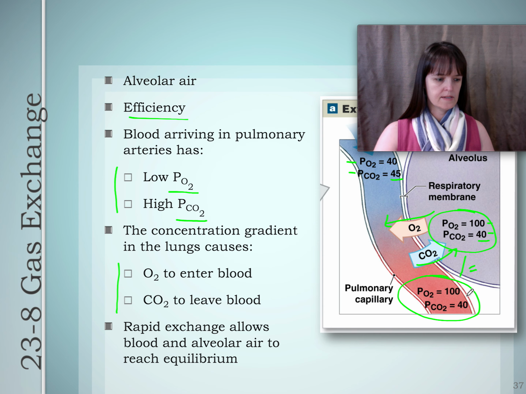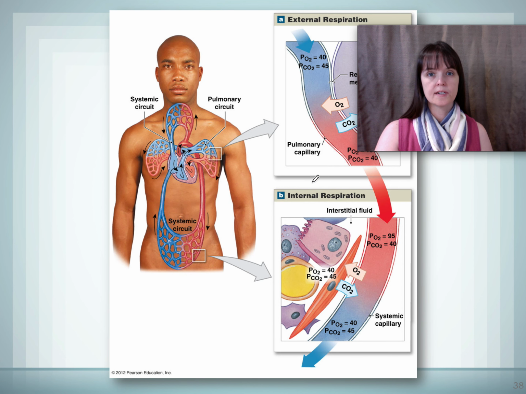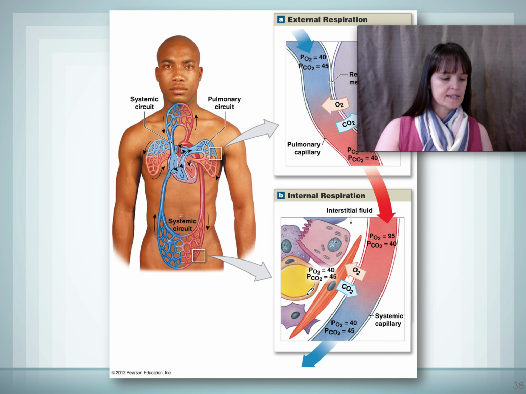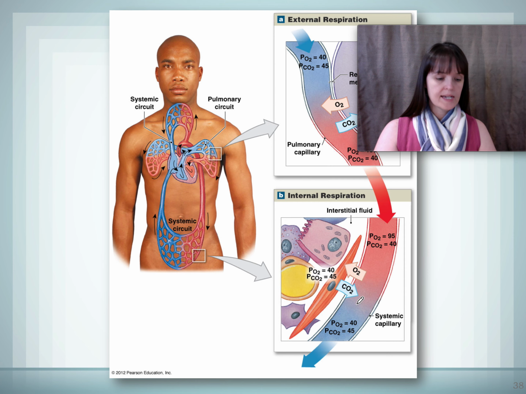What happens when the oxygenated blood hits the systemic capillaries? So here's external respiration getting the oxygen into the bloodstream, and here's internal respiration where the oxygen leaves the bloodstream. So when we hit the systemic capillaries, the oxygen diffuses out and the carbon dioxide diffuses in.